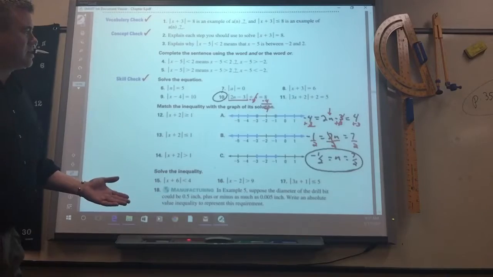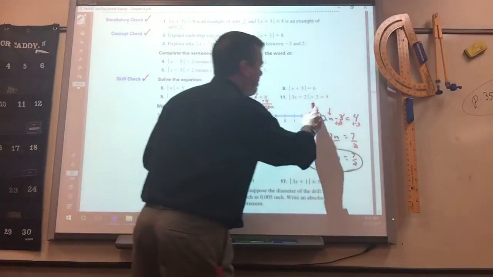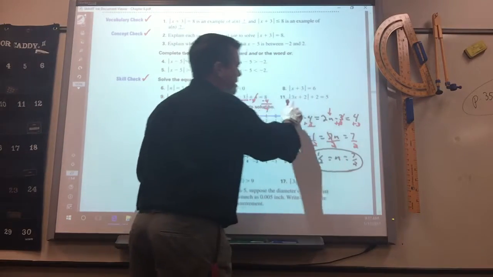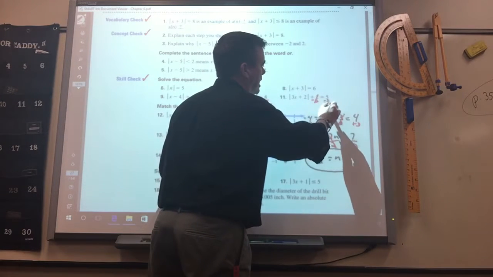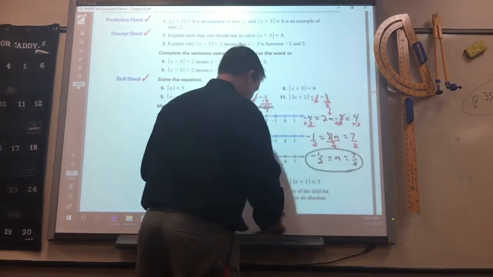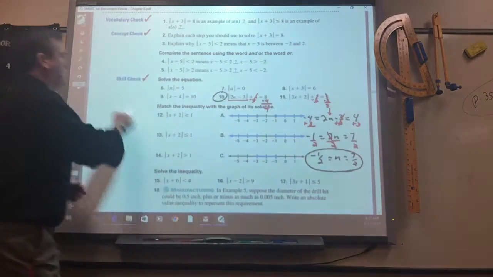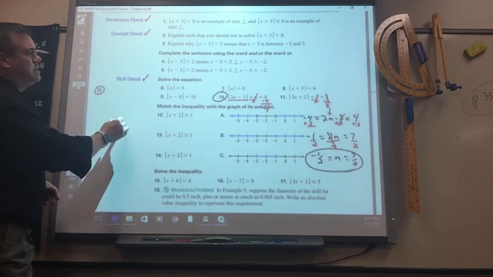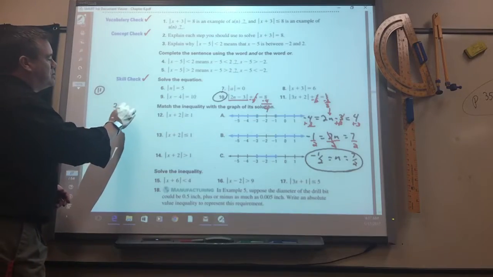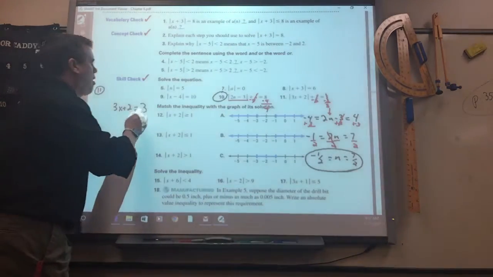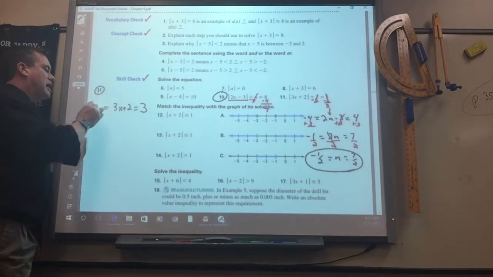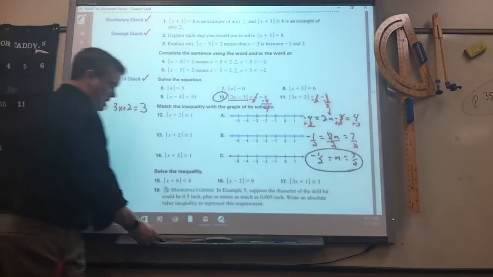Number 11 is like 10, where they've got this number on the same side, so you got to get rid of it. You got to subtract 2, and that would make 3 on that side. So you rewrite it as 3x plus 2 equals 3. Put the same sign here, put the opposite, and then get the x by itself.